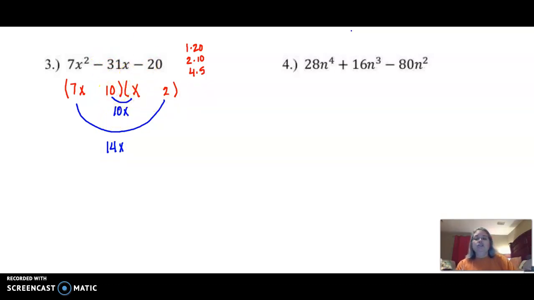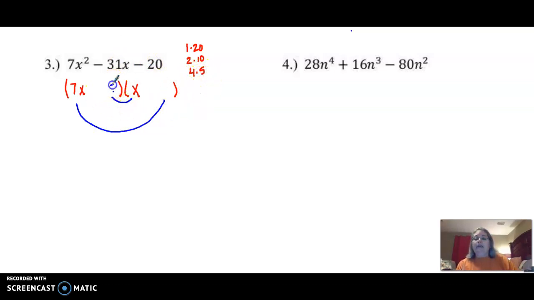I could try switching those and putting them in a different order and do my 2 here and my 10 here, but notice that gives me 70x and 2x. That's even further apart. So sort of by trial and error, I would know that I would want to play with my 4 and 5.